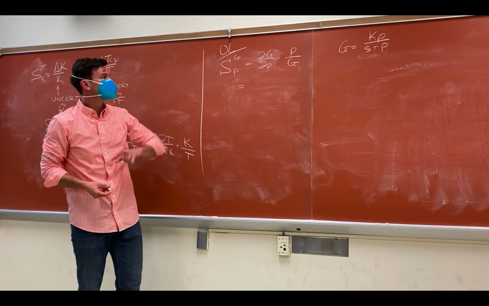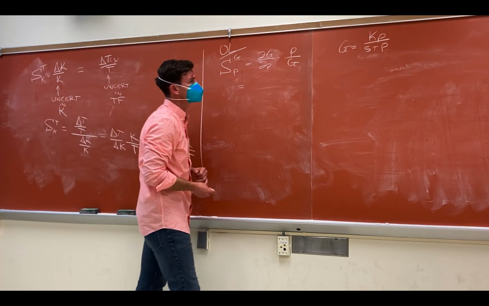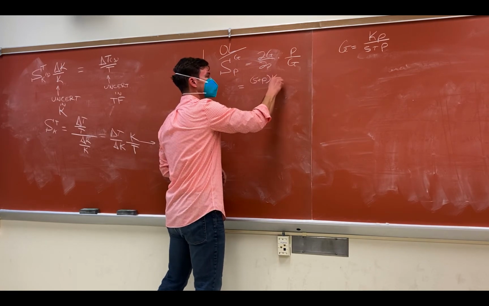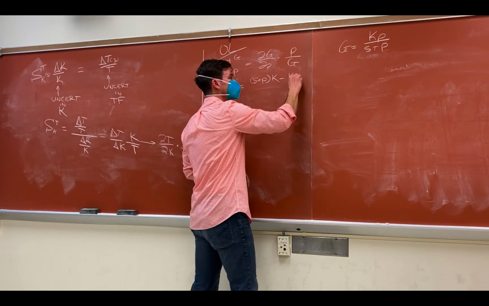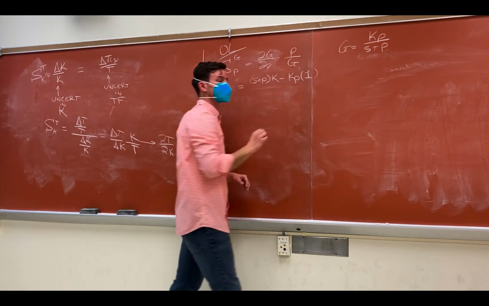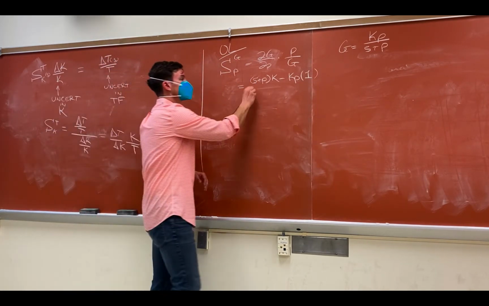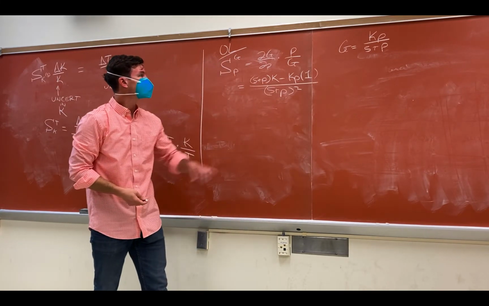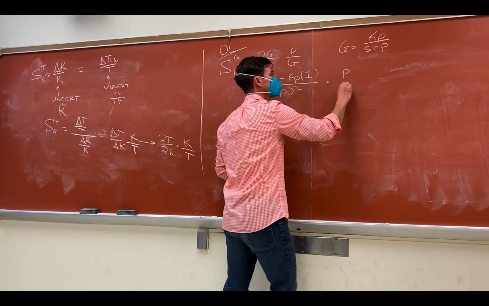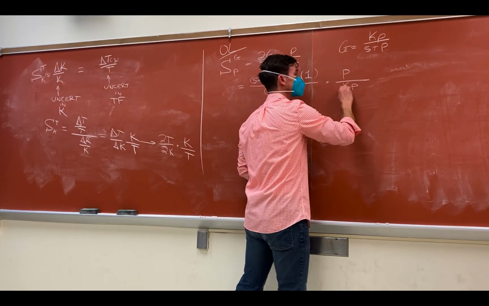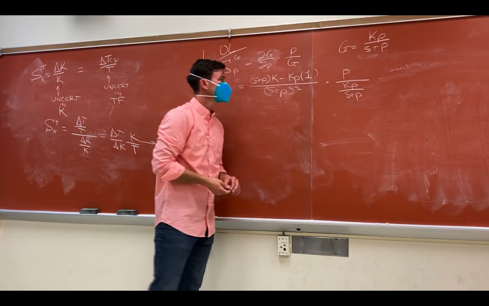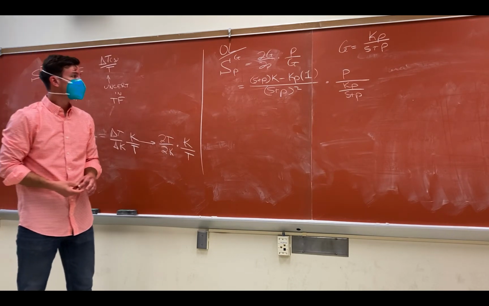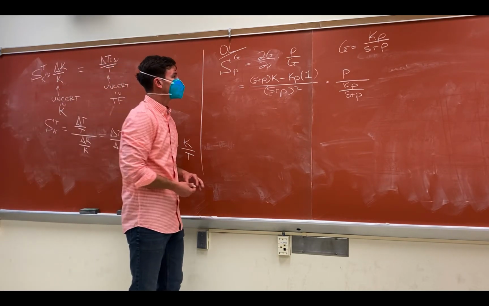So quotient rule sounds like the plan of action here. Low times the derivative of high minus high times the derivative of low with respect to P. Divide by denominator squared. And then don't forget P over G. All right.